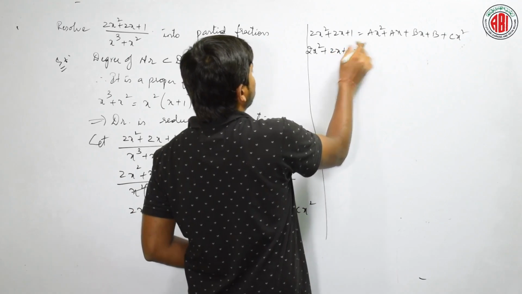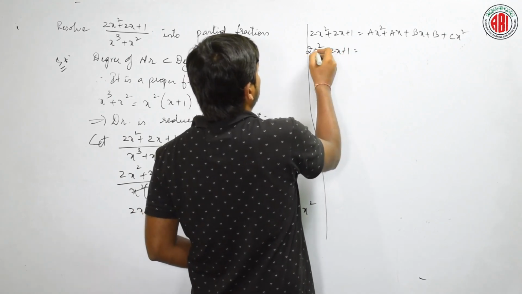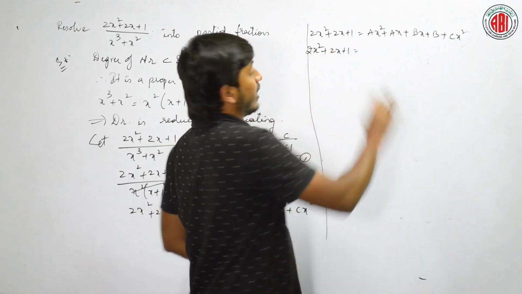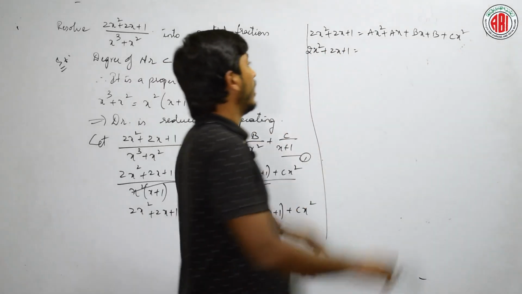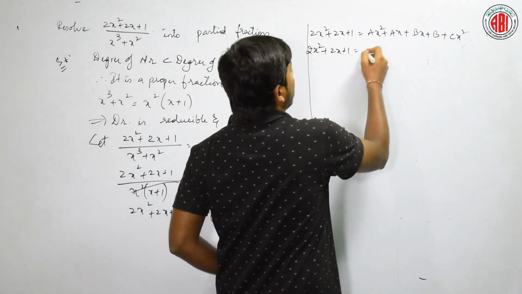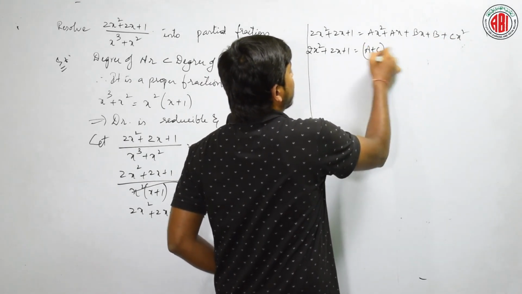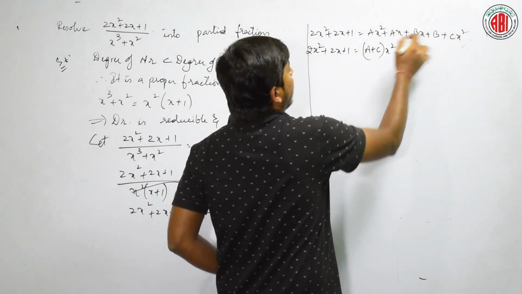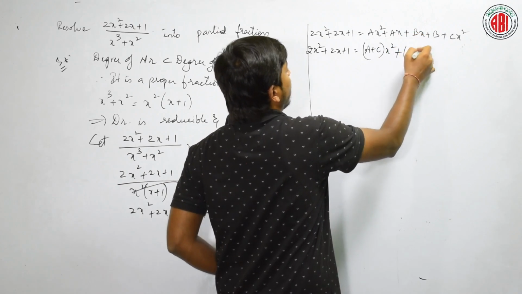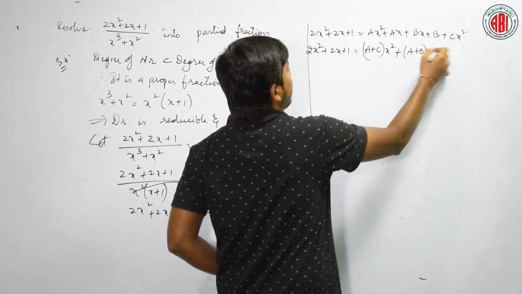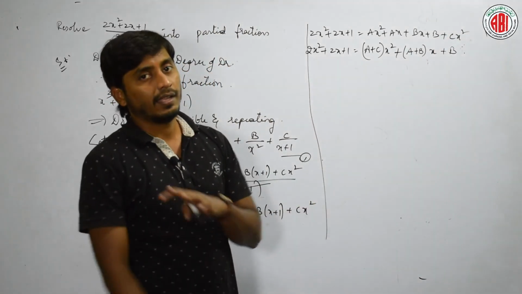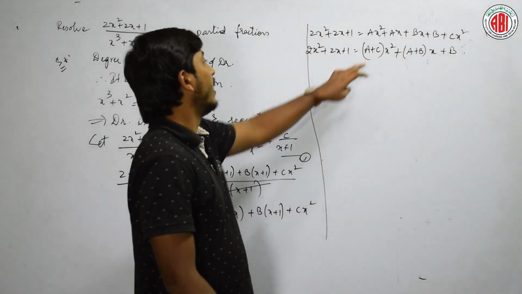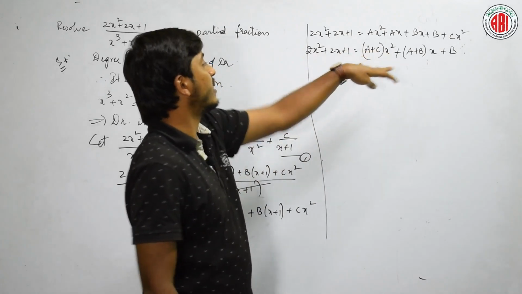Even though it is the same, I am writing it because we have to compare the coefficients now. Let us take x square common. I will be left with a plus c, right. If I take x common, I will get a plus b, right. Is it okay?